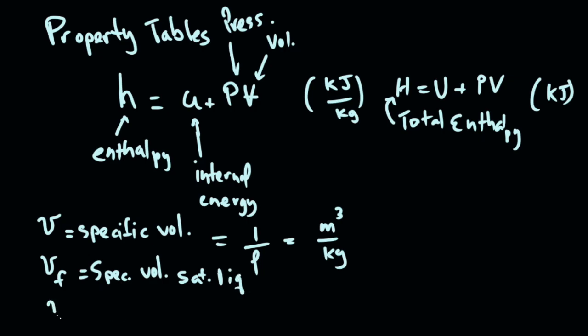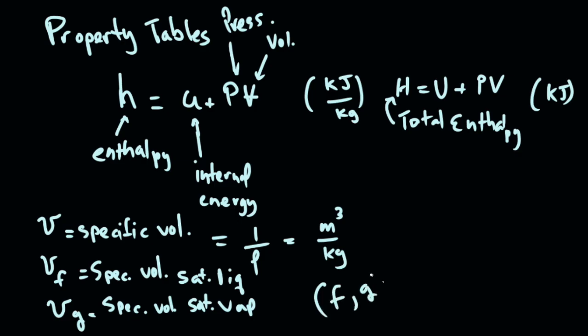And then v sub g represents the specific volume of the saturated vapor. So these are our subscripts: f represents liquid and g represents vapor.